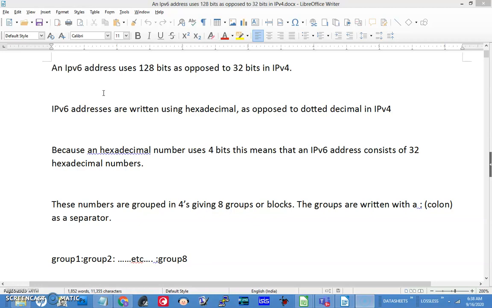Now, the addresses are written using hexadecimal, whereas we write IPv4 in dotted decimal notation. This is one point where the notation differs. They are written as groups of 4 hex digits separated by a colon.